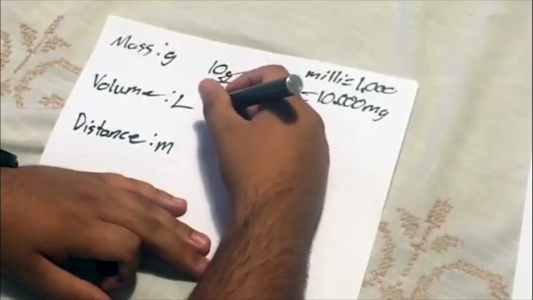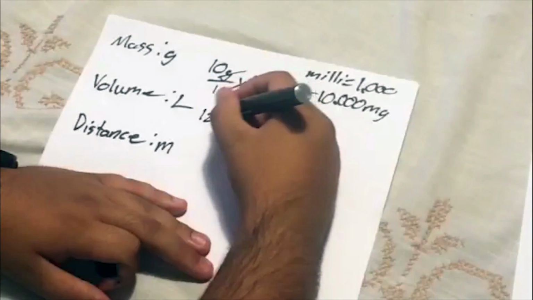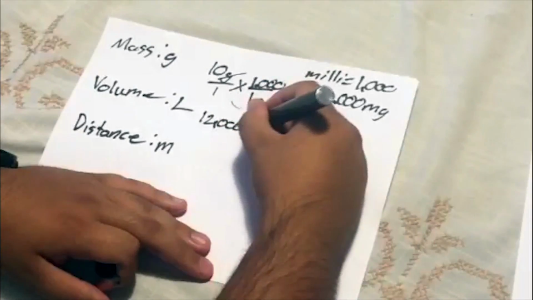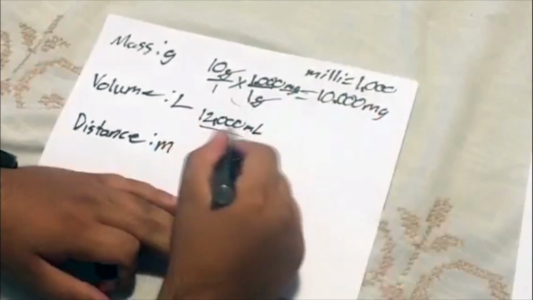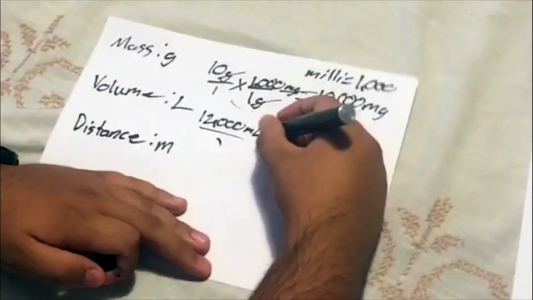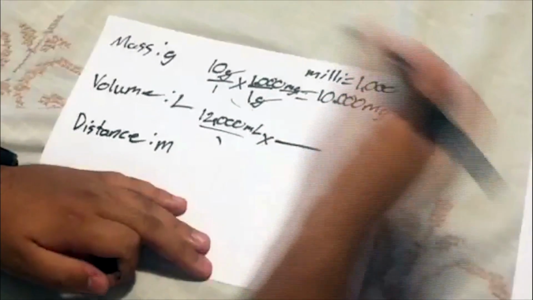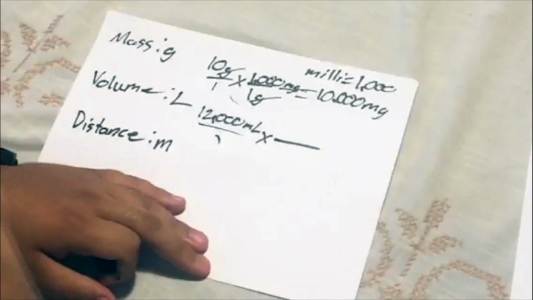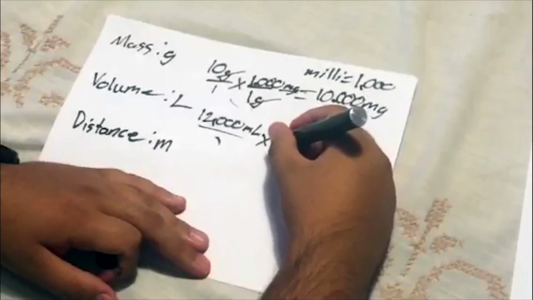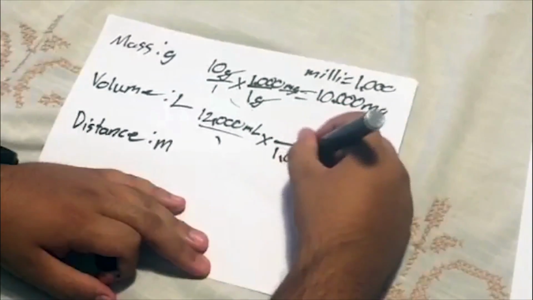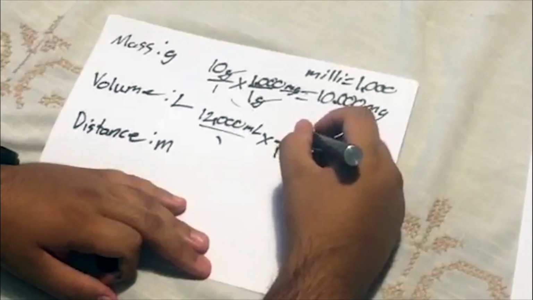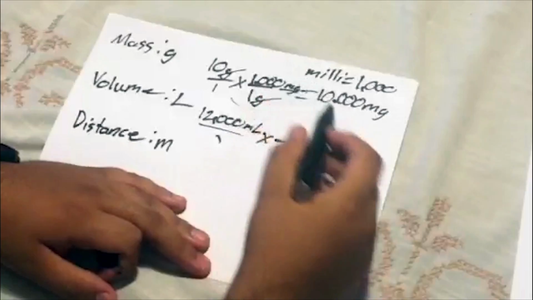Let's say I have 12,000 milliliters, and I need to convert it into liters. I always have to put milliliters in where I can cancel it out, which means I know that 1,000 milliliters is equal to 1 liter.